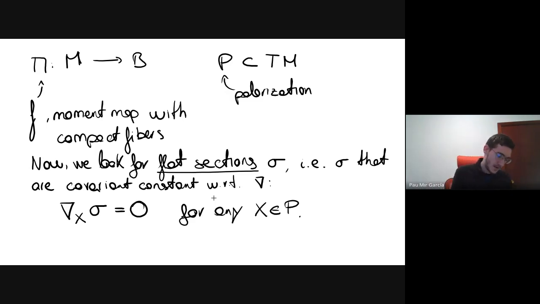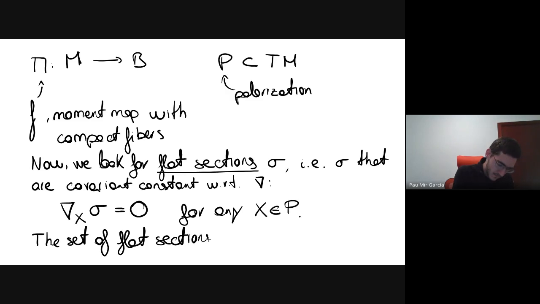So it was discovered that the set of sections satisfying this condition, the set of flat sections, is a sheaf. It's not a general set. It has the structure of a sheaf.